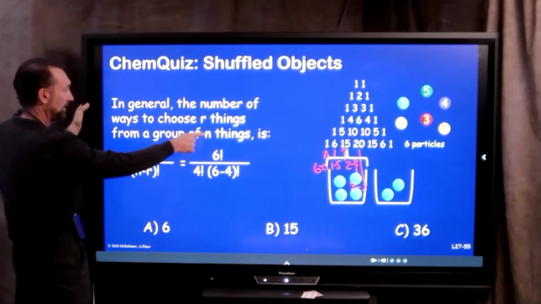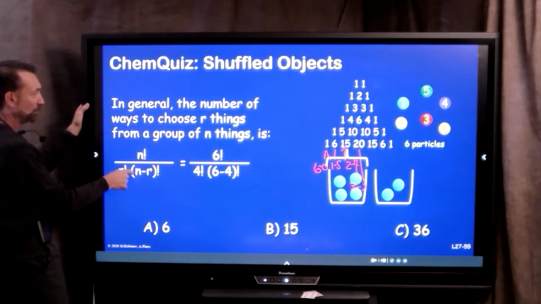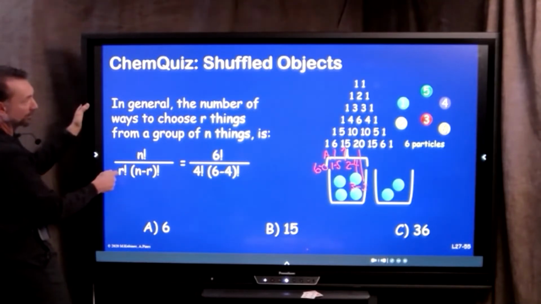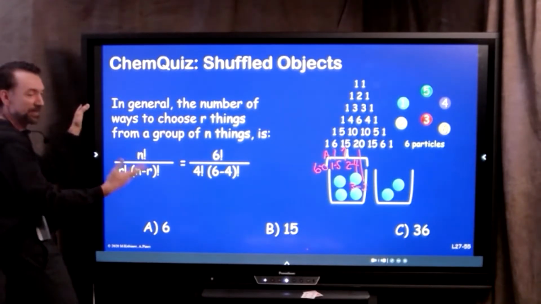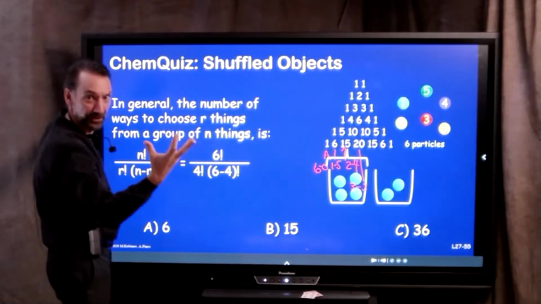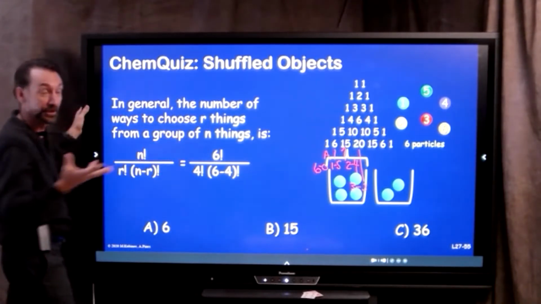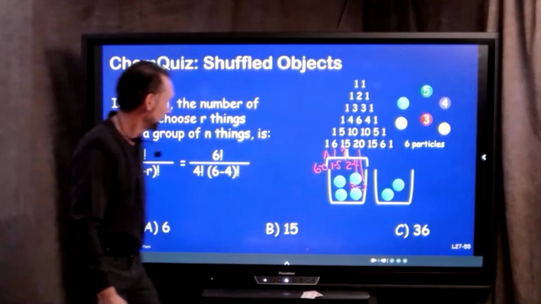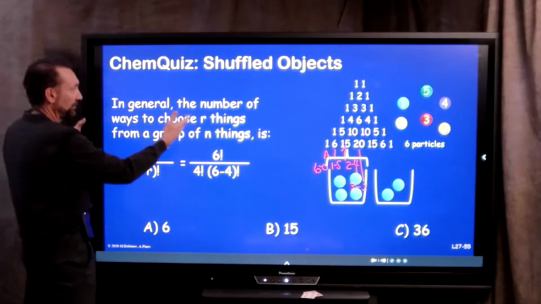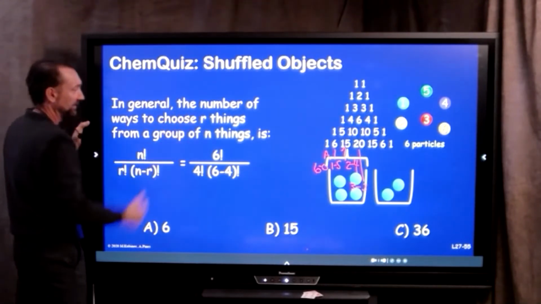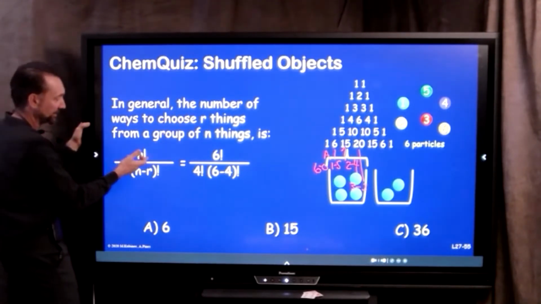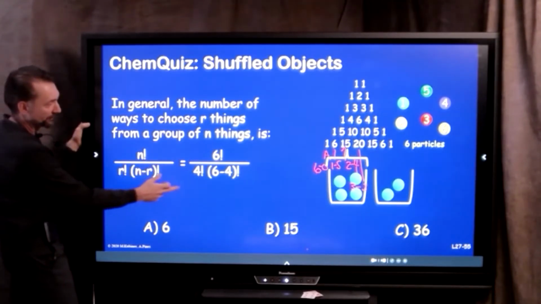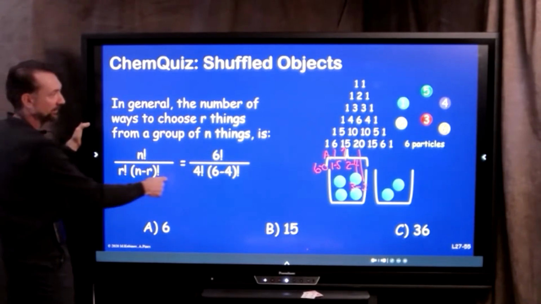N minus R is there. Oh, this is 4 things from a set of 6 things. Doesn't matter. That's symmetric, right? You can choose 4 things from 6, or you can choose 2 things from 6. That's just this side or this side. So I chose 4 here. So choose R, 4 things from 6 things. So N is 6, R is 4. You can do that mathematics if you know how to use your factorials.